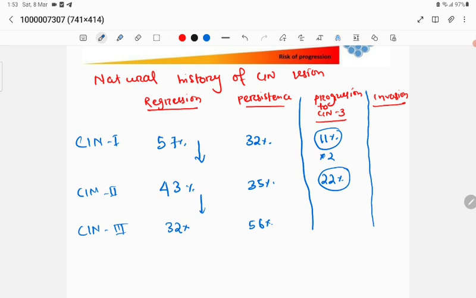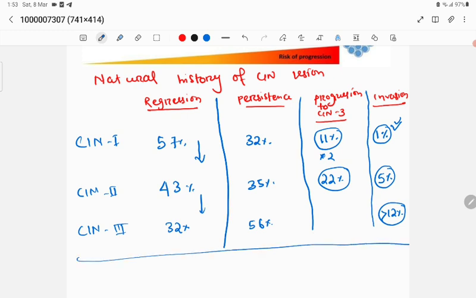Then the risk of invasive cancer for CIN1 is just 1%, very important. And for CIN2 to progress to invasive carcinoma is 5%. Okay, for CIN3 to progress to invasion is more than 12%. Okay, so this table is very important.